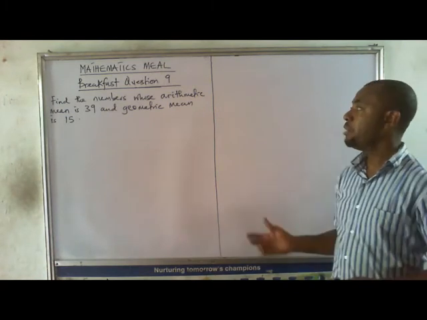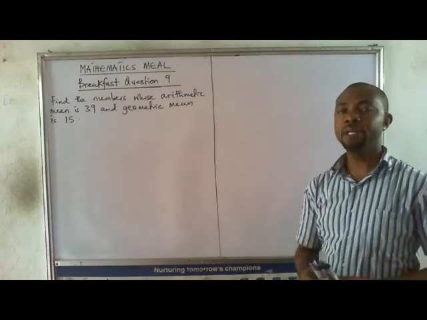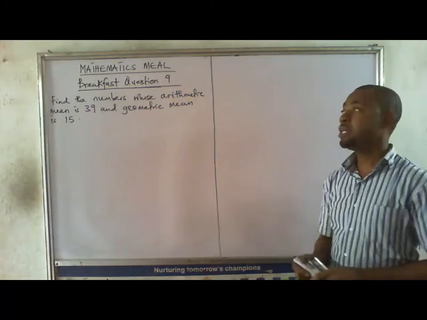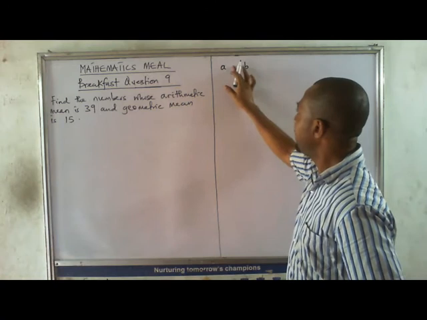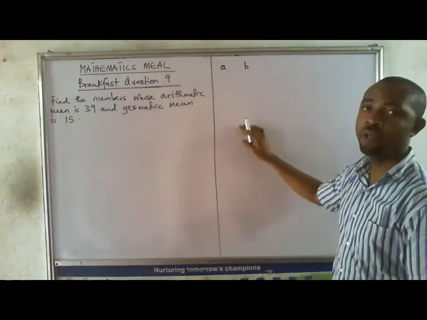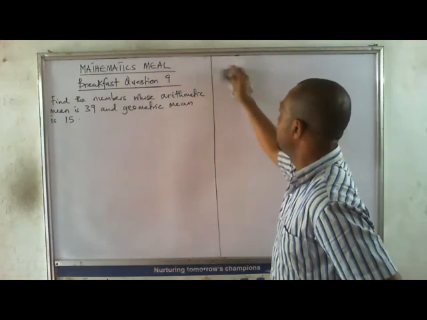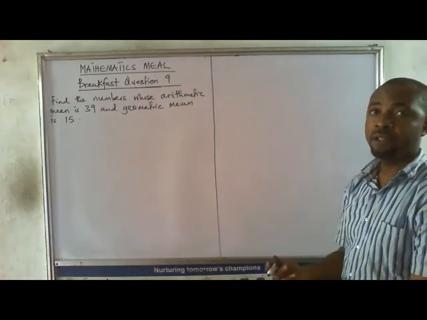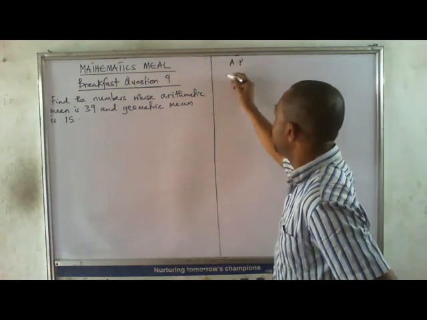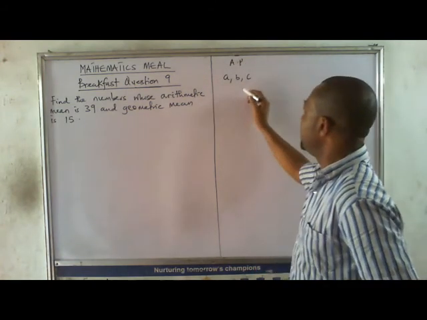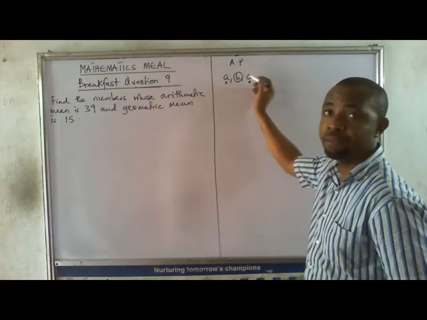So when we have a set of numbers, we can find the arithmetic mean and we can also find the geometric mean. If we have two numbers, we can insert a mean between them, because for you to talk about a mean, we have at least two numbers. So if I have A, B, and C in an AP, the arithmetic mean of A and C is the B that is between the two of them.